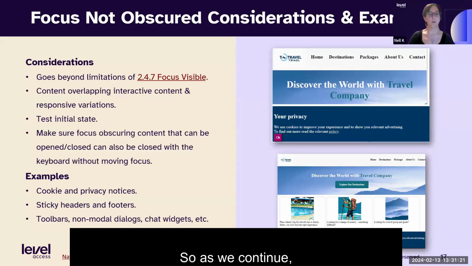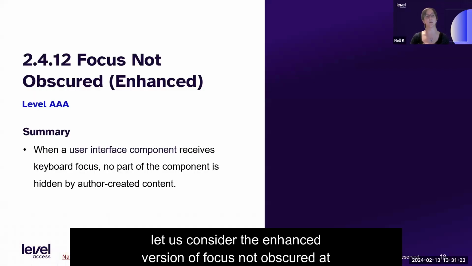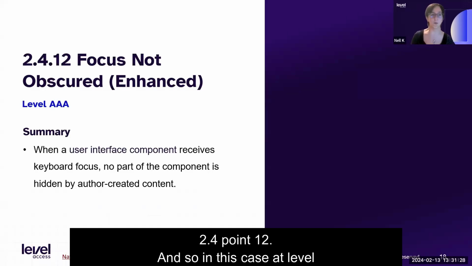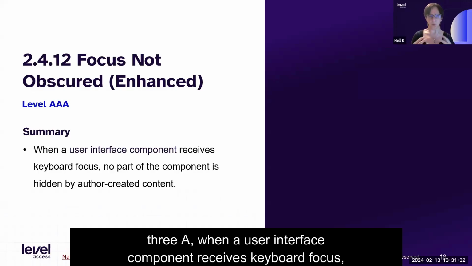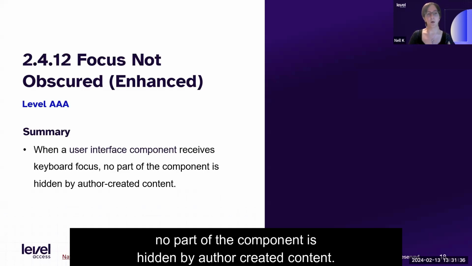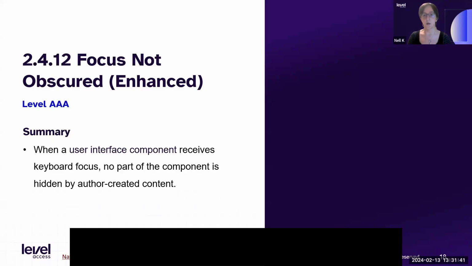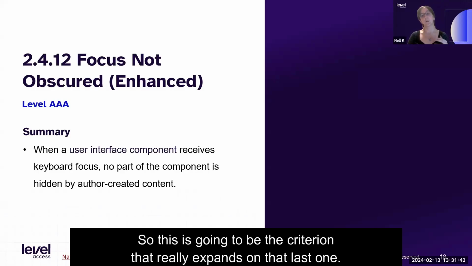As we continue, let us consider the enhanced version of focus not obscured at 2.4.12. In this case, at level 3A, when a user interface component receives keyboard focus, no part of the component is hidden by author created content. So this is the criterion that really expands on that last one.